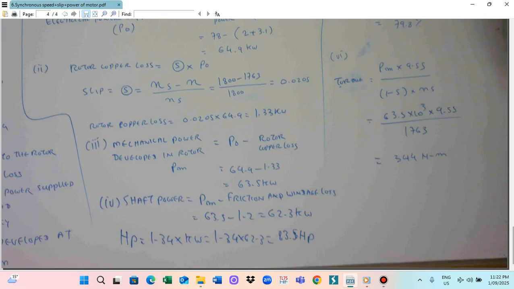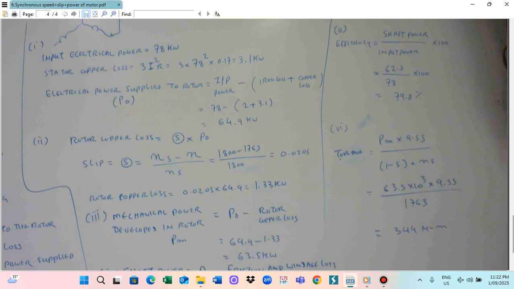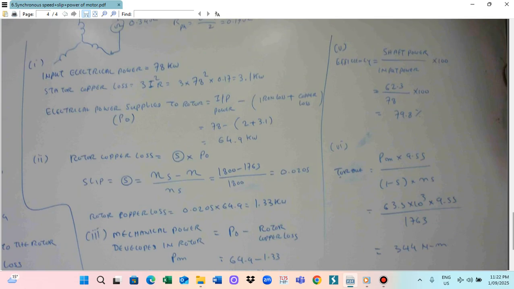Horsepower equals 1.34 times kilowatt, so 1.34 multiplied by 62.3. Then we get 83.5 horsepower. So the motor horsepower is 83.5 horsepower.